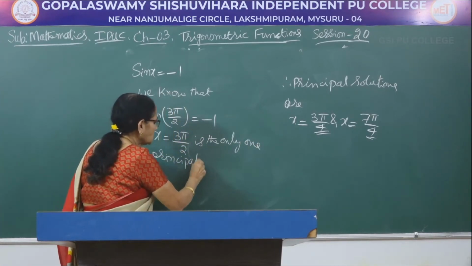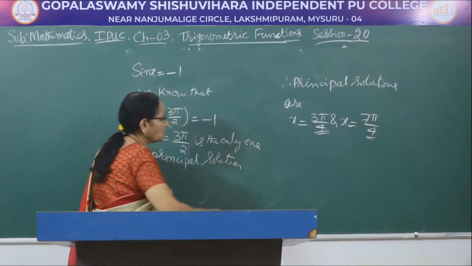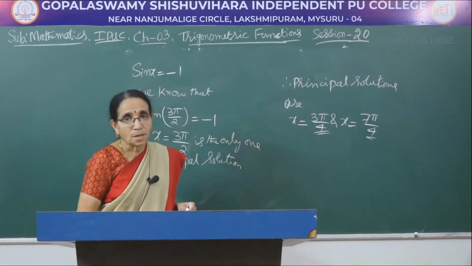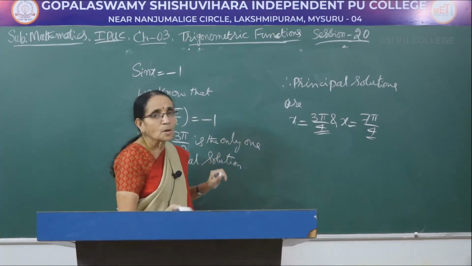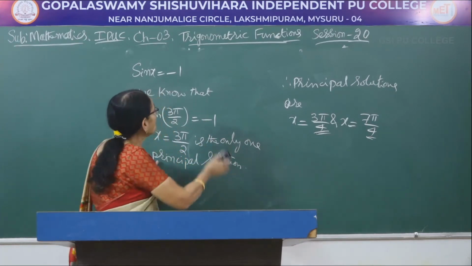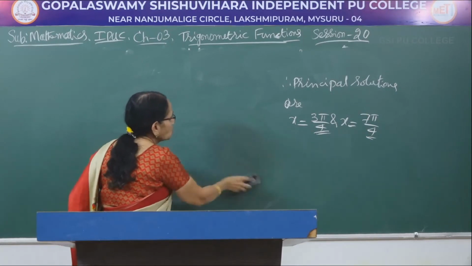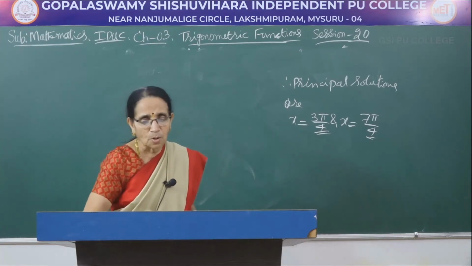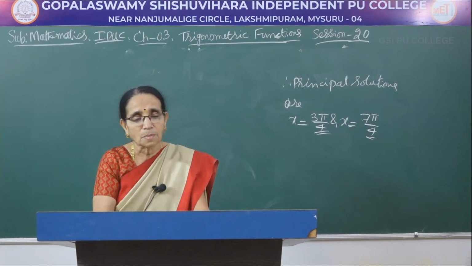It is a quadrantal angle, isn't it? 90 degree, 180 degree, 270 degree, 360 degree, these are all called quadrantal angles. So, we will have only one solution for such an equation. So, give the reason: sin of 3 pi by 2 equal to minus 1, therefore, there exists only one solution for this one. You have to give the reason for that.